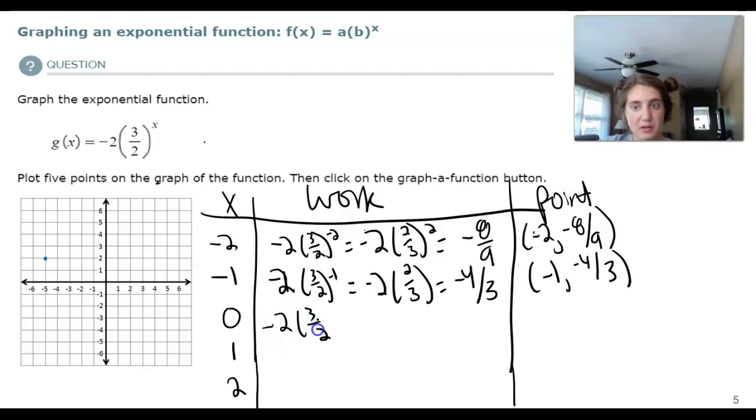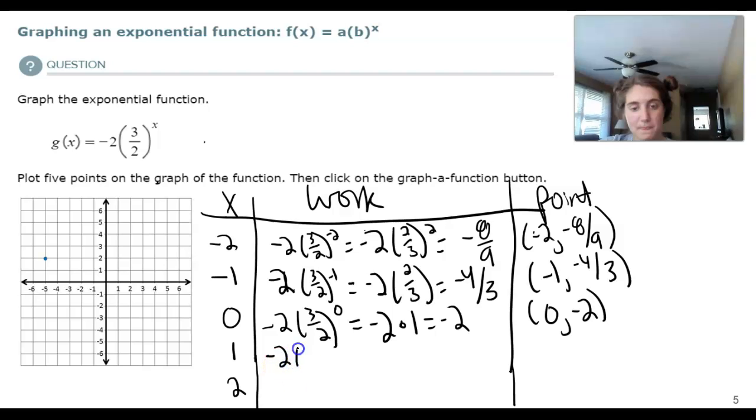Anything to the 0 power is 1, so I have 0, -2. Anything to the first power is going to stay as it is.